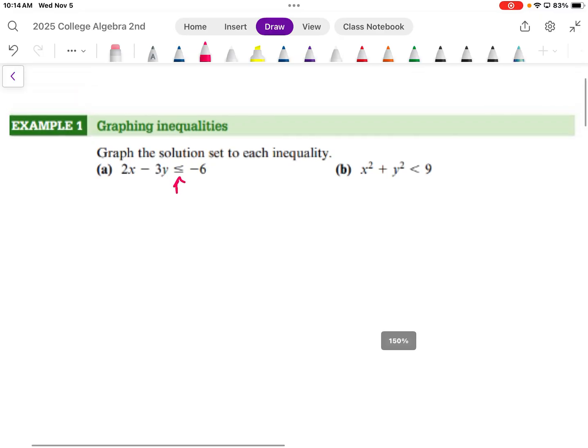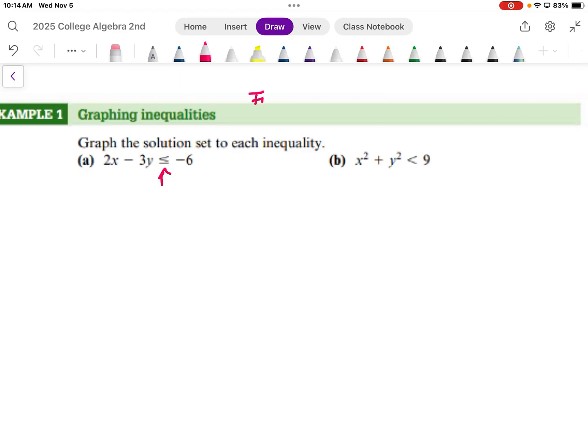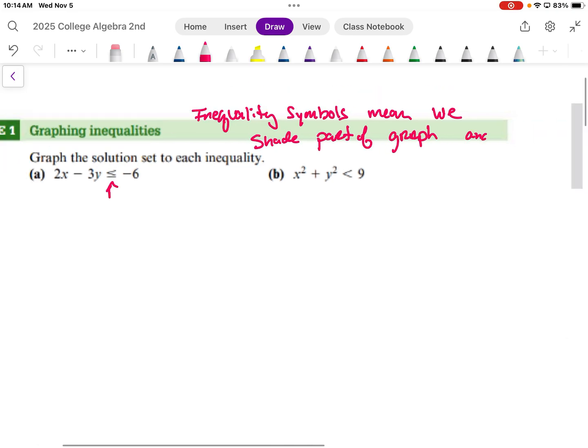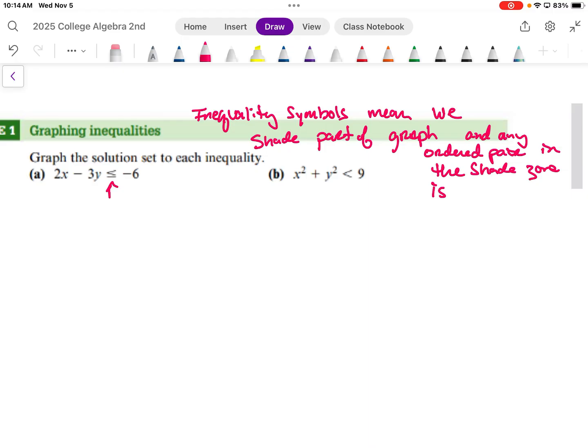One thing I want to make a note of: inequality symbols mean we shade part of the graph, and any ordered pair in the shaded zone is a solution.